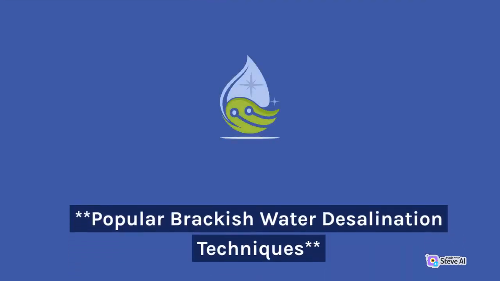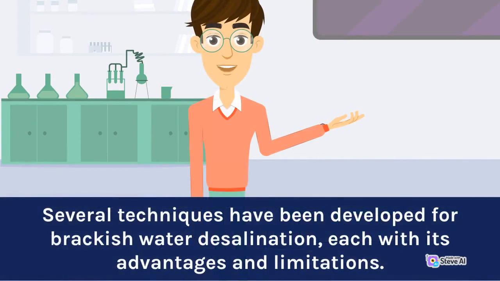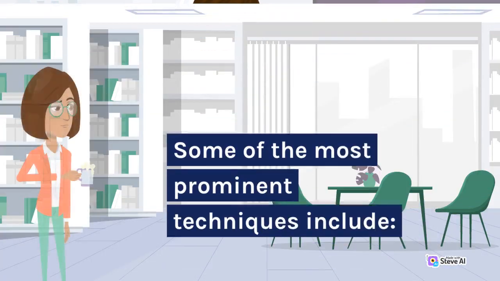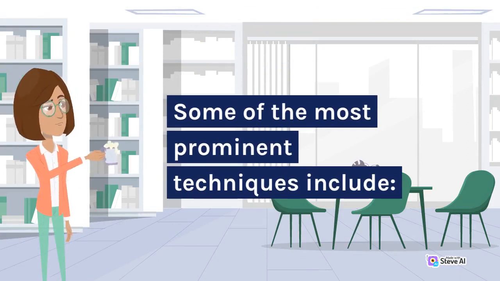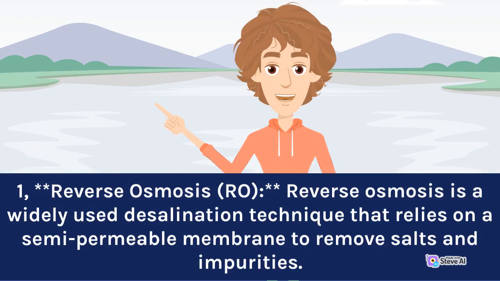Popular brackish water desalination techniques. Several techniques have been developed for brackish water desalination, each with its advantages and limitations. Some of the most prominent techniques include: 1. Reverse osmosis, RO.